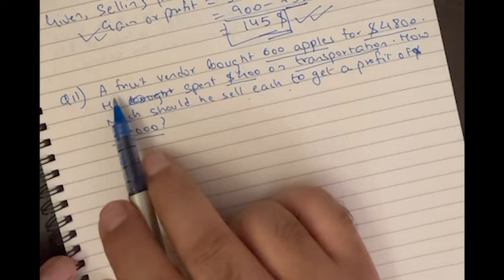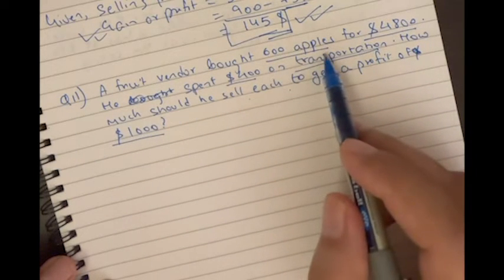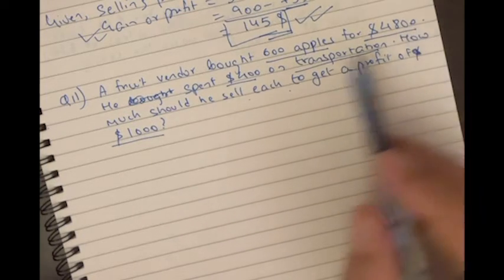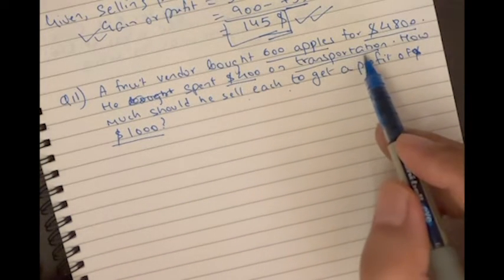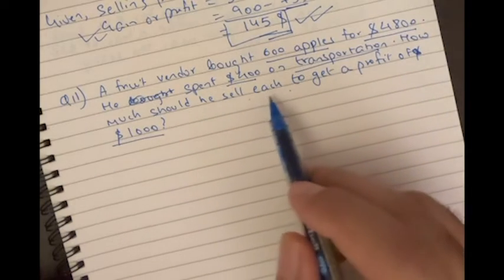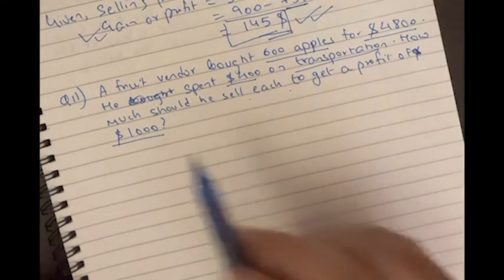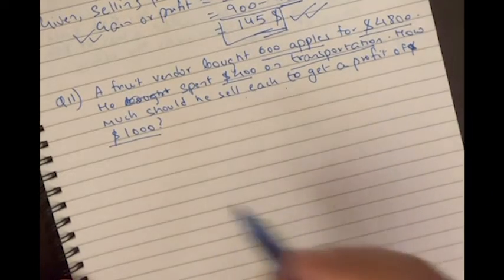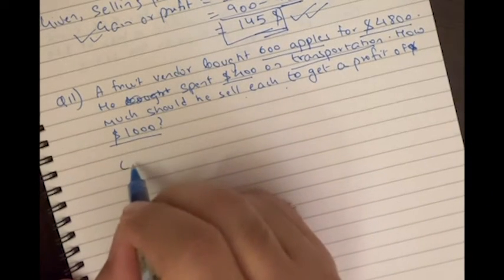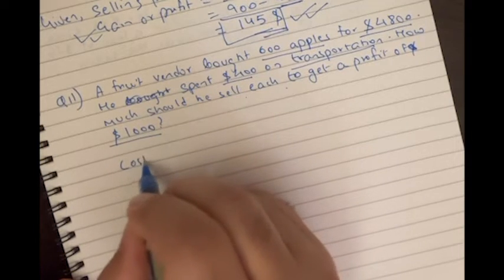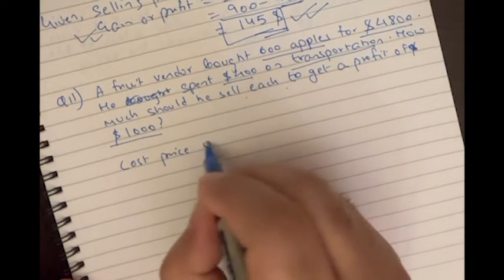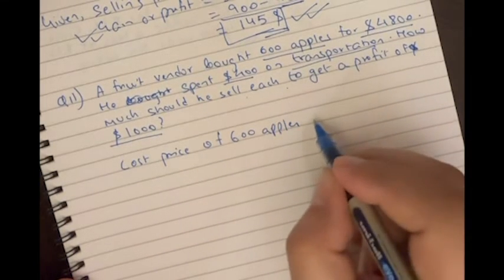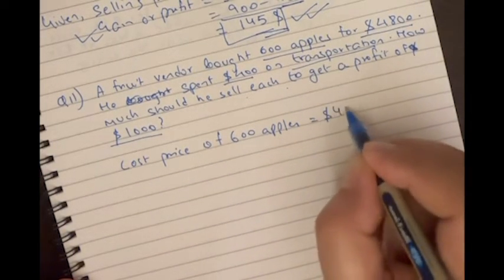Over here, a fruit vendor bought 600 apples for $4,800. He spent $400 on transportation. How much should he sell each to get a profit of $1,000? So, cost price of 600 apples is equal to $4,800.